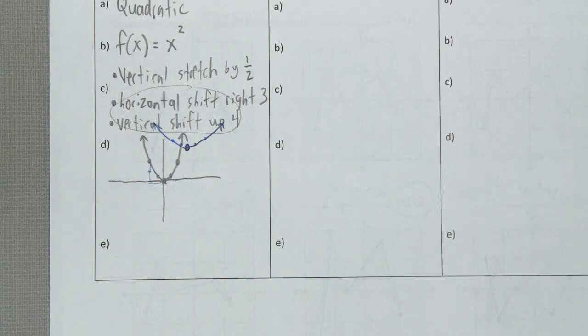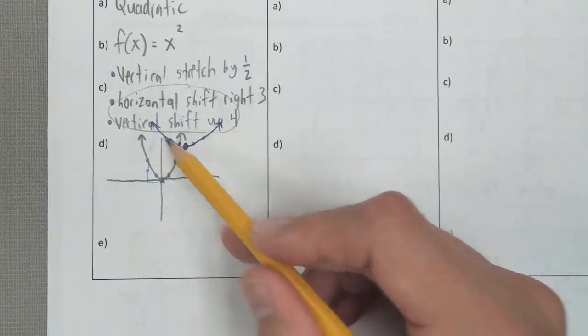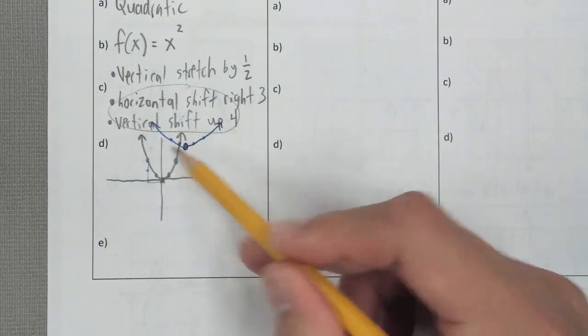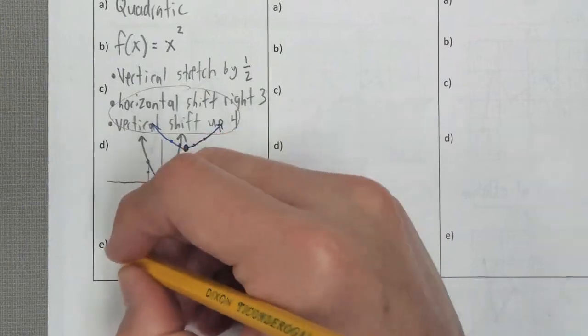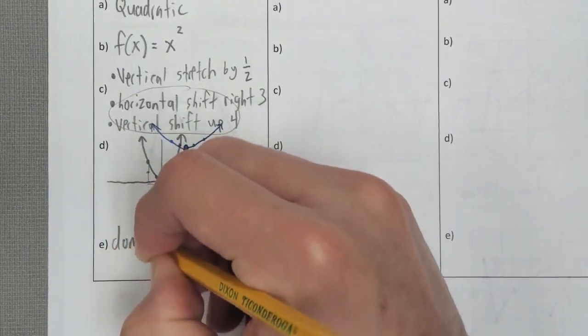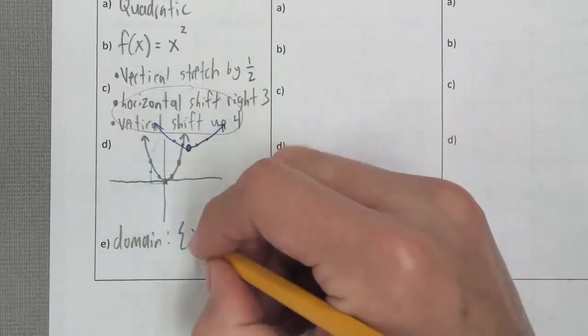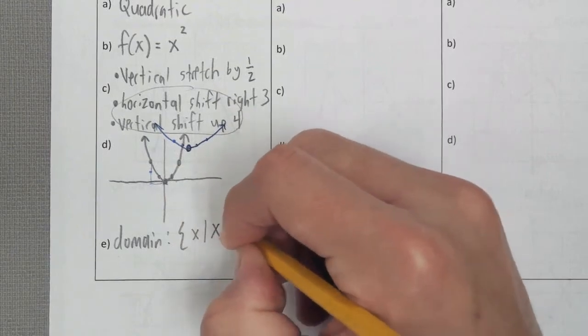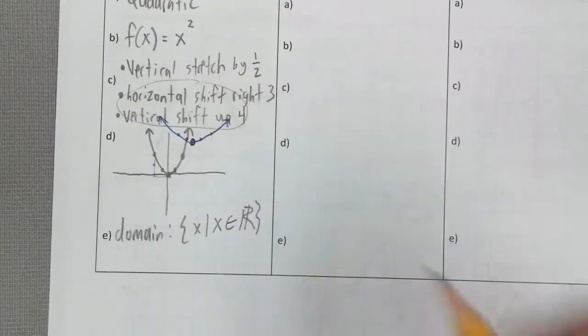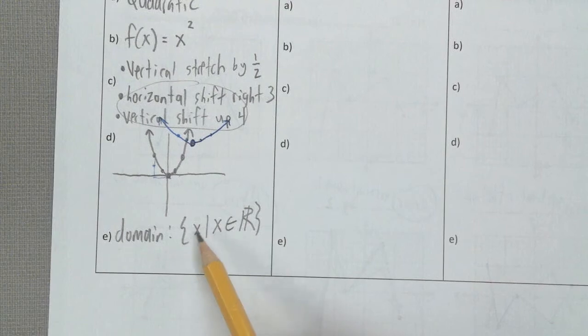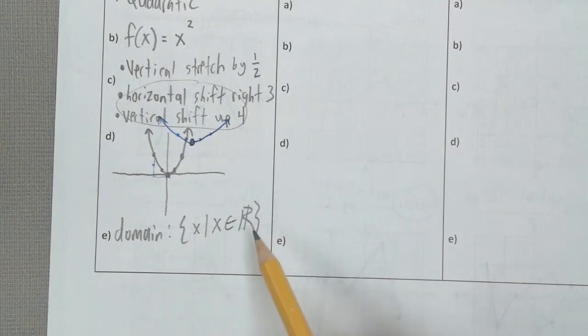Okay, the domain. Let's talk about the domain and the range. You can usually tell it by the transformed function. So let's do domain. Domain doesn't change for this particular one. We probably haven't seen this yet, but this is x such that x is anything that's a real number.